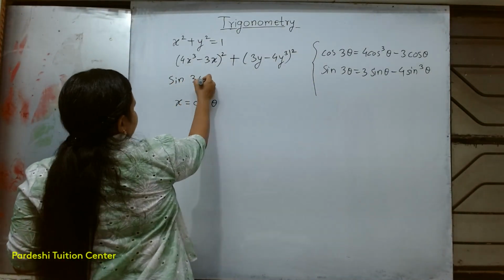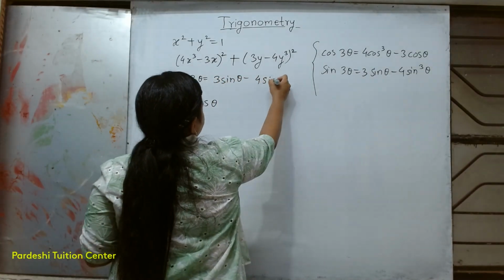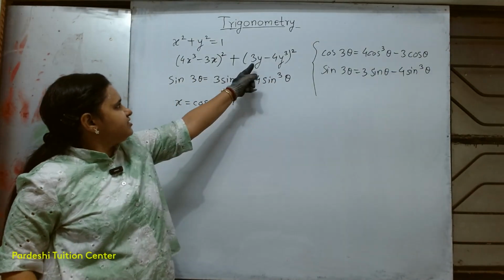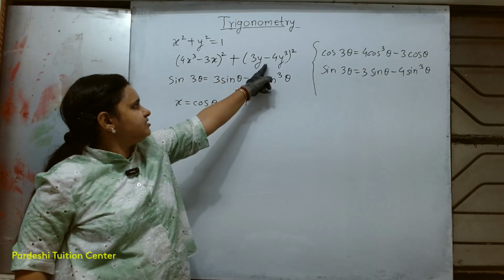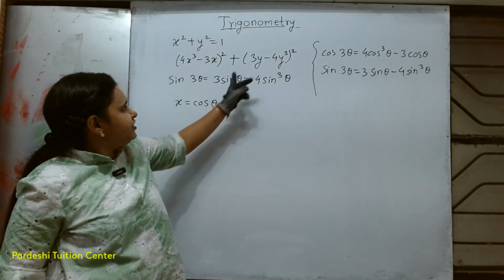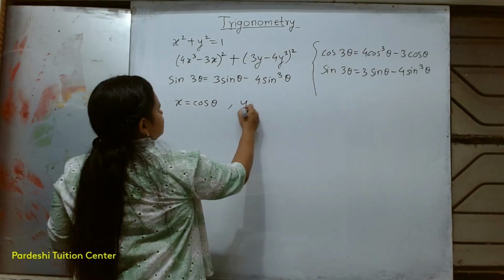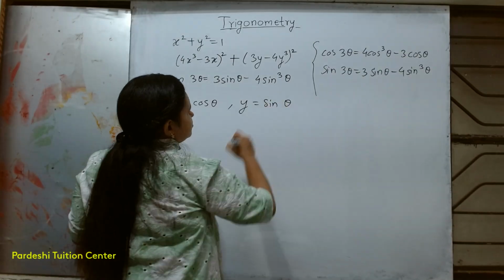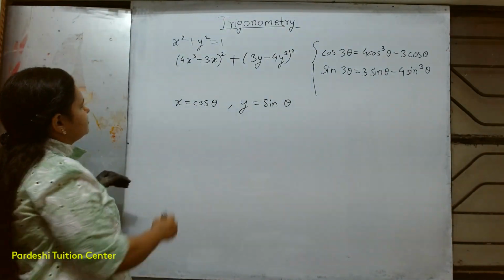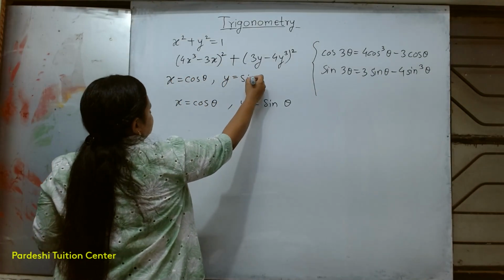And sin 3 theta is 3 sin theta minus 4 sin cube theta. So if we compare these two, it is 3y, it is 3 sin theta, minus 4y cube, it is minus 4 sin cube theta. So we can write y as sin theta. So y is equals to sin theta. So x is taken as cos theta and y is taken as sin theta.